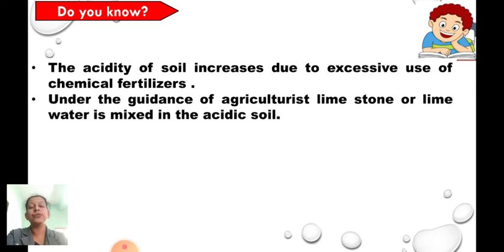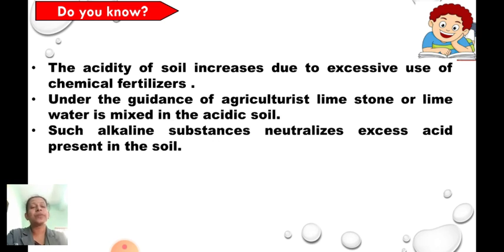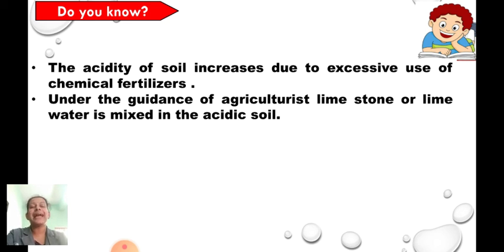The farmer has to mix limestone or lime water in the acidic soil, under the guidance of an agriculturist, an expert who knows how to test whether the soil is acidic or basic.